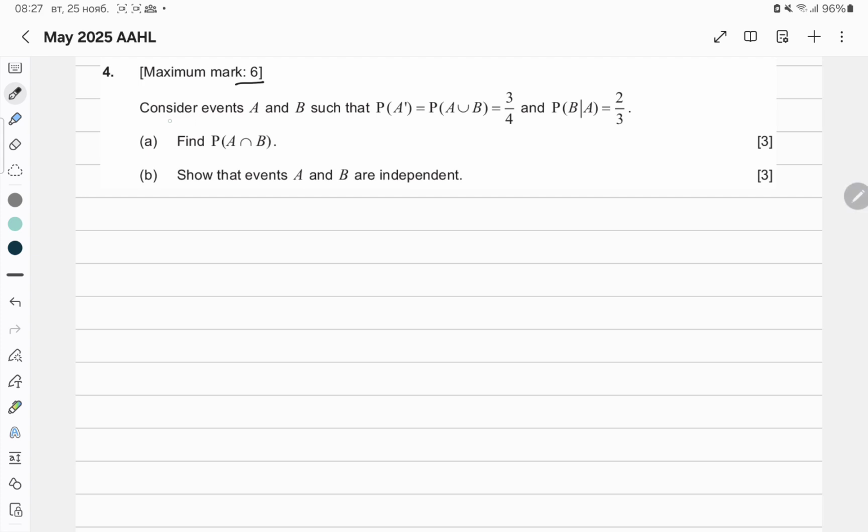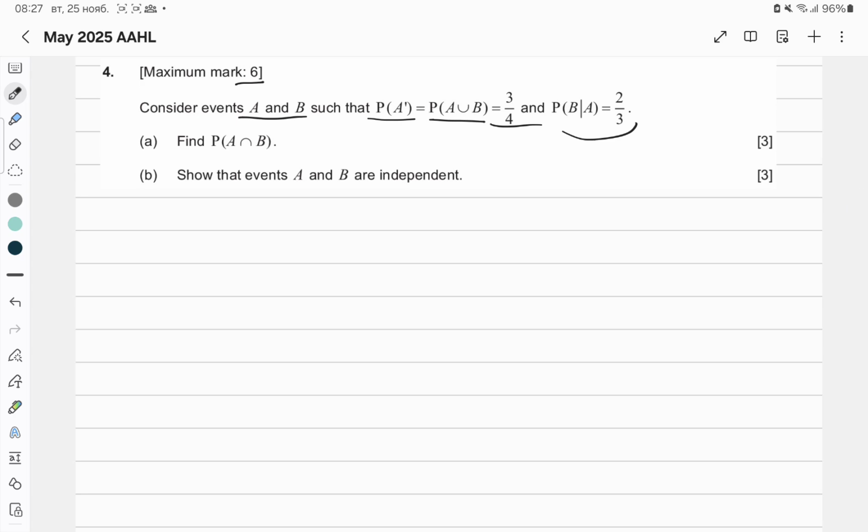It's given that we consider events A and B such that P of not A is equal to 3/4. It's quite confusing, but you have a formula booklet, and we can use it to find all the answers here. Let's do that.